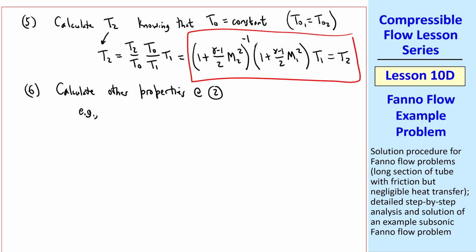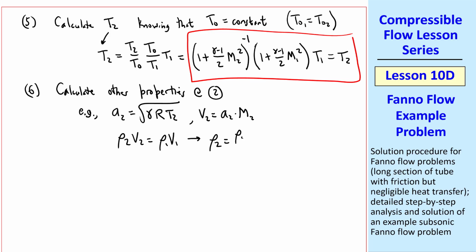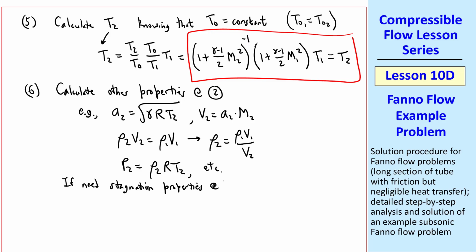Step 6 is to calculate other properties at the duct exit 2 as needed. And this will be possible now that we know both T2 and M2. So for example, a2 is the square root of gamma R T2, V2 is a2 times M2, rho 2 V2 equals rho 1 V1, so rho 2 is rho 1 V1 over V2. From the ideal gas law, P2 is rho 2 R T2, etc. If we need stagnation properties at state 2, for example P02, we can write P02 over P2 times P2.